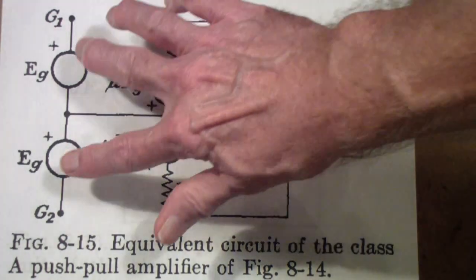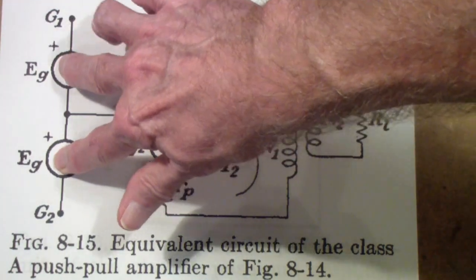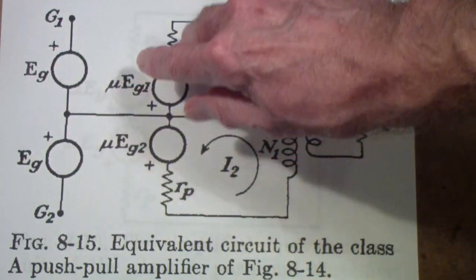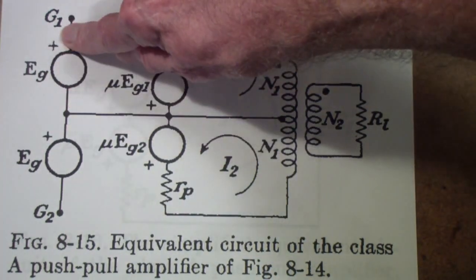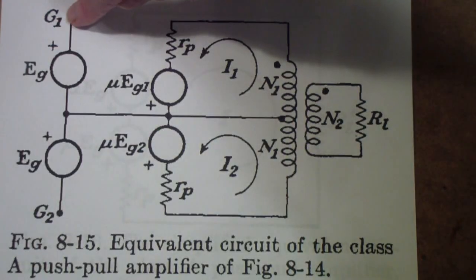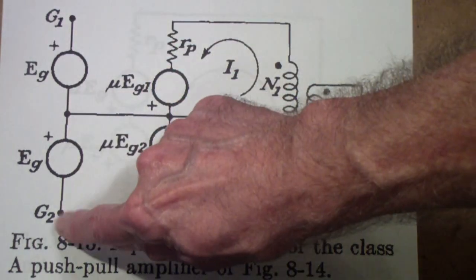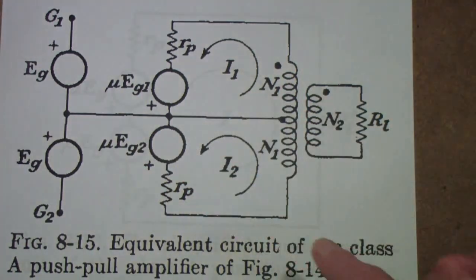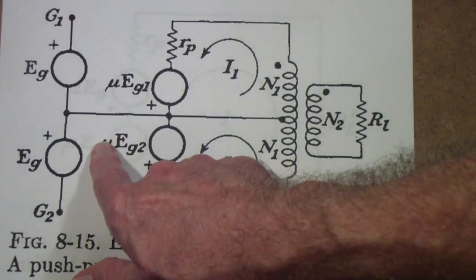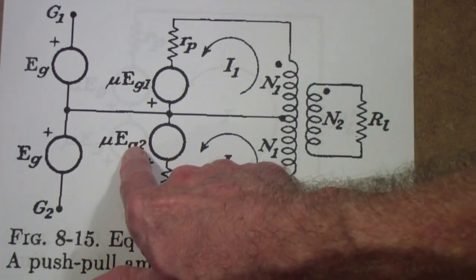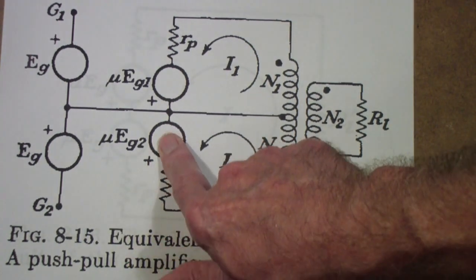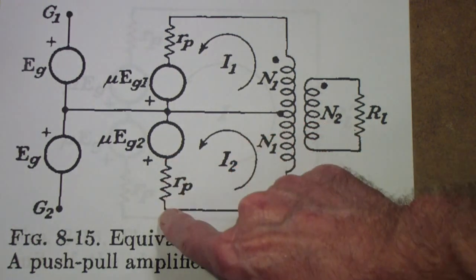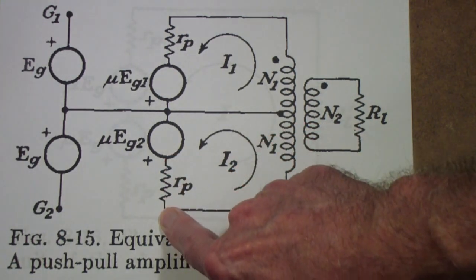That is done because the grid voltage that is applied to the tubes, e.g., is positive at the top here, which means that G1 is positive when G2 is negative. Notice it's on the opposite side of the plus sign. And then we multiply the amplification factor by the grid voltage to get the voltage at the plate of the tube, and that voltage flows through the plate resistance of the tube.